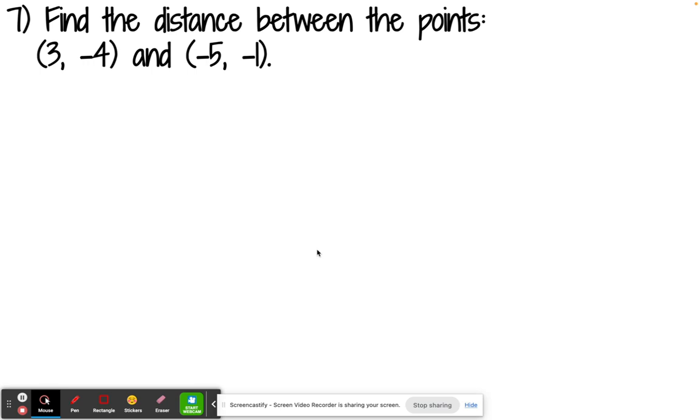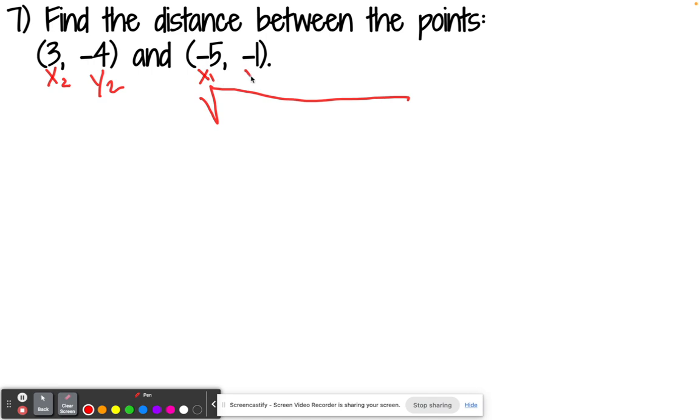Let's try another one. I want to find the distance between 3, -4, and -5, -1. Again, my distance formula, I take my x2, y2, x1, y1. I could switch them around, it doesn't matter.